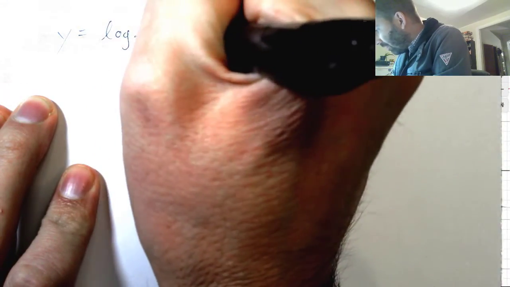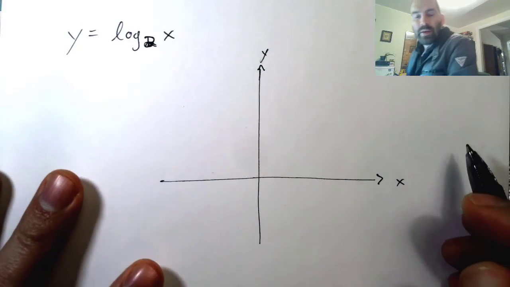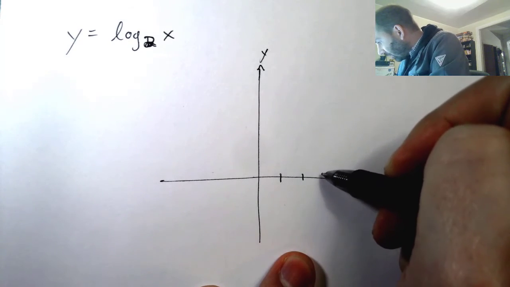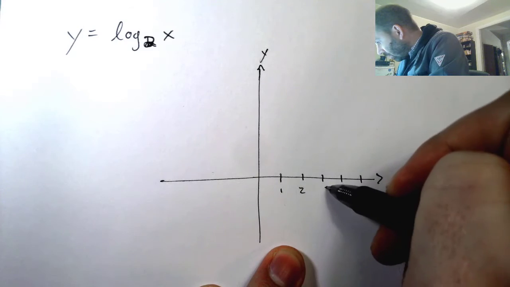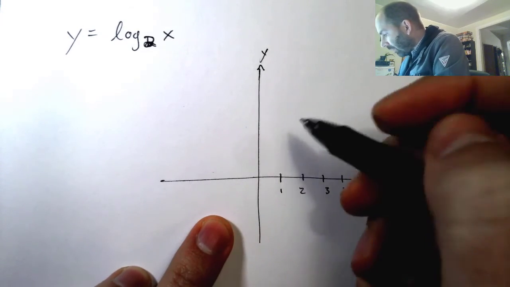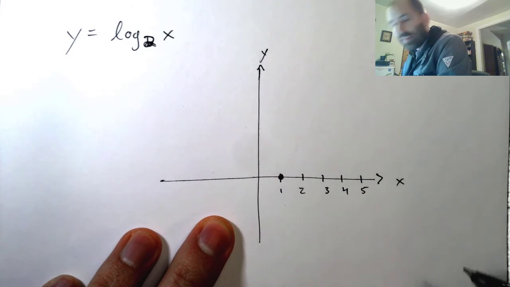Let's go ahead and graph y equals log base 2 of x. Let's mark off some values here: 1, 2, 3, 4. Remember that (1, 0) is always an intercept, so there's our intercept right there.